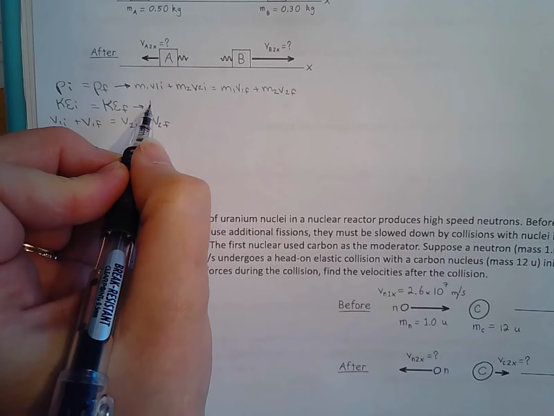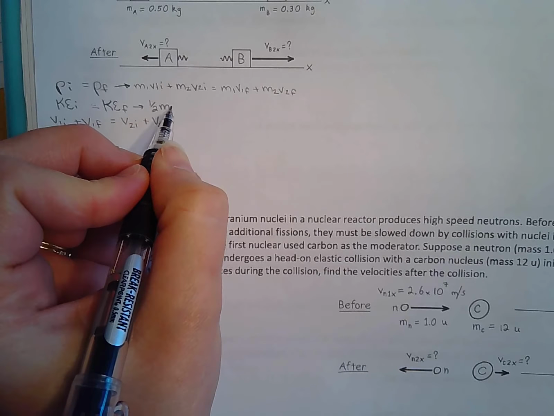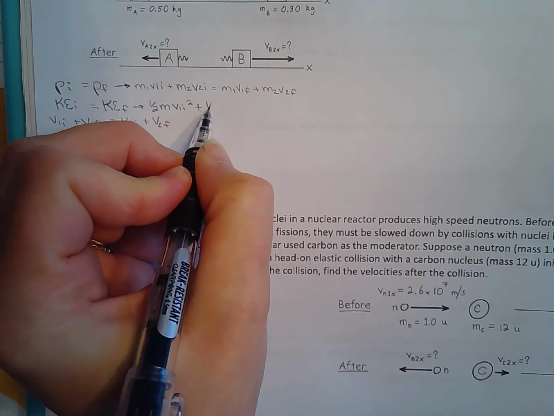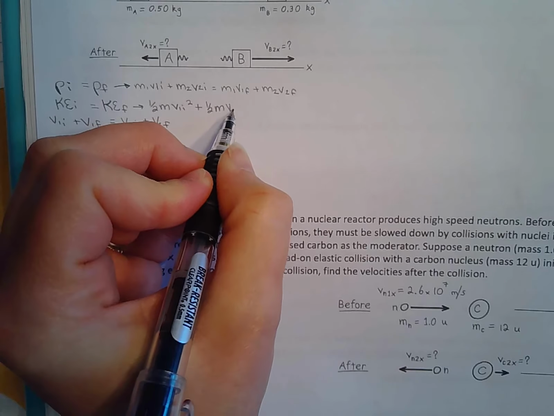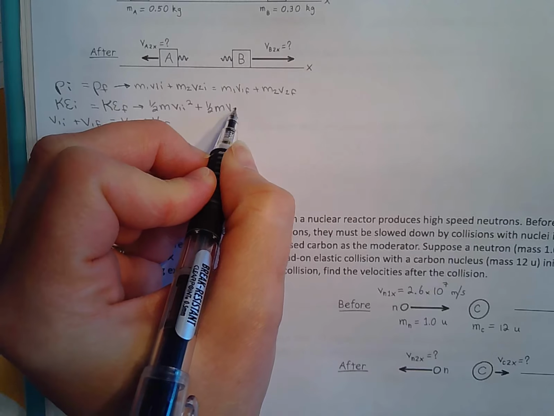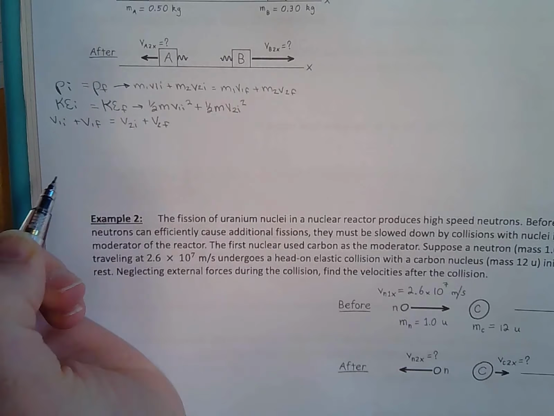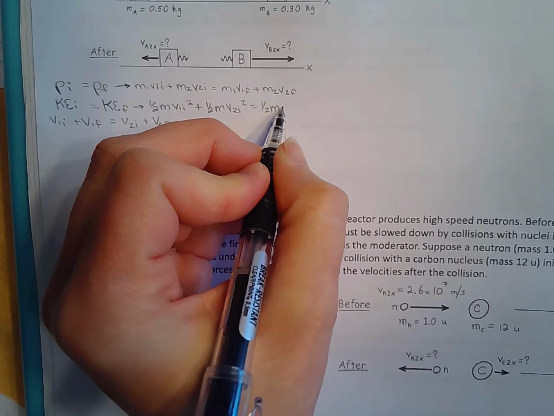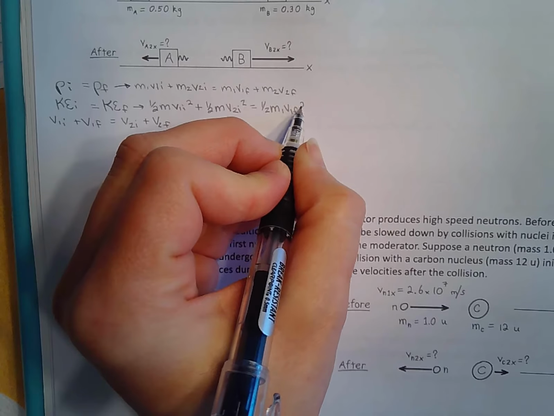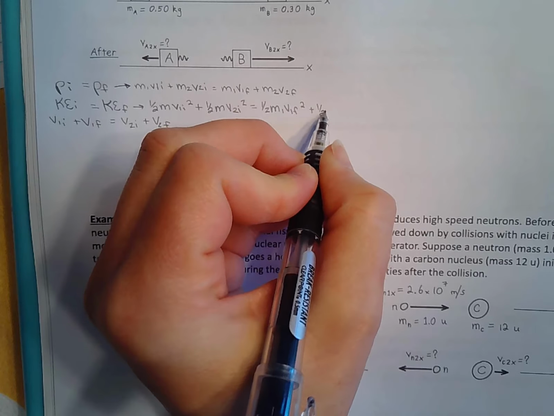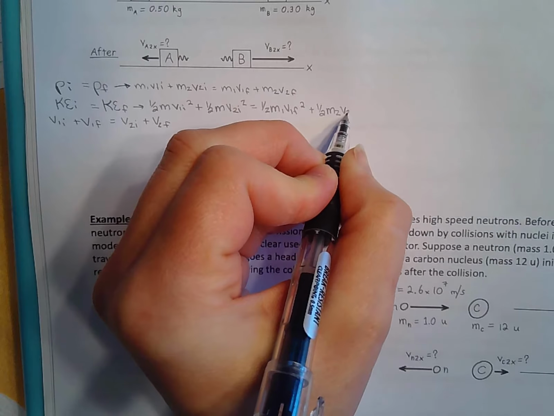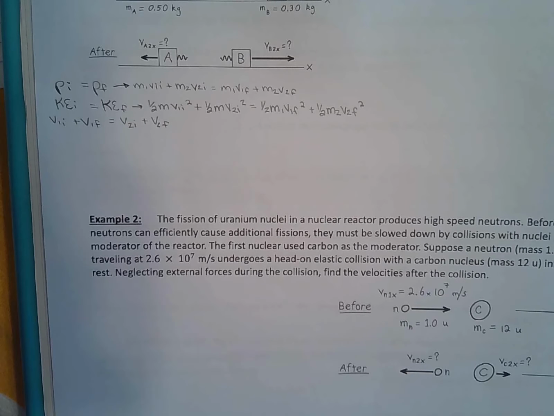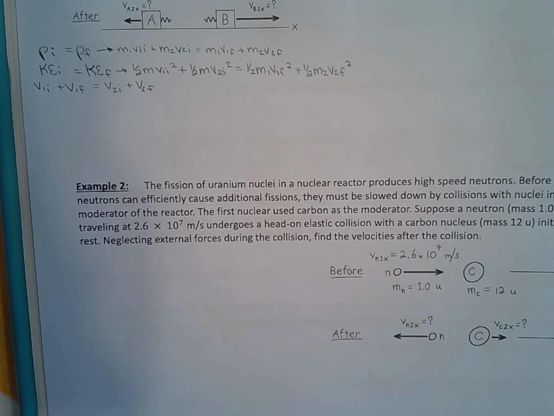And on this one we can say 1/2 m1v1i squared plus 1/2 m2v2i squared, so initial kinetic energies, equals 1/2 m1v1f squared plus 1/2 m2v2f squared. So that's the conservation of kinetic energy in elastic equations.